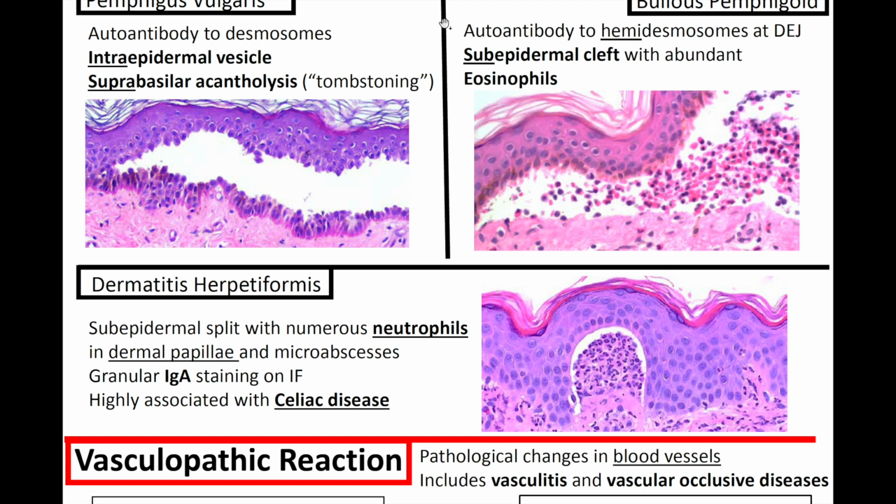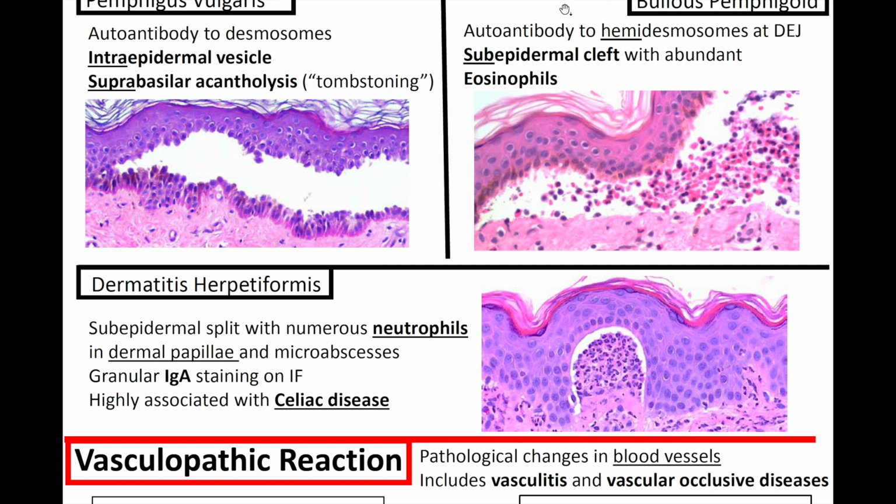Pemphigus vulgaris. So pemphigus vulgaris is caused by an autoantibody to desmosomes with intraepidermal vesicle formation, as you see here, this vesicle within the epidermis, and then suprabasilar acantholysis or tombstoning. So you've got the basal layer, and then above that, suprabasilar, you have this separation, leaving these little what could be called tombstones, a tombstoning appearance.